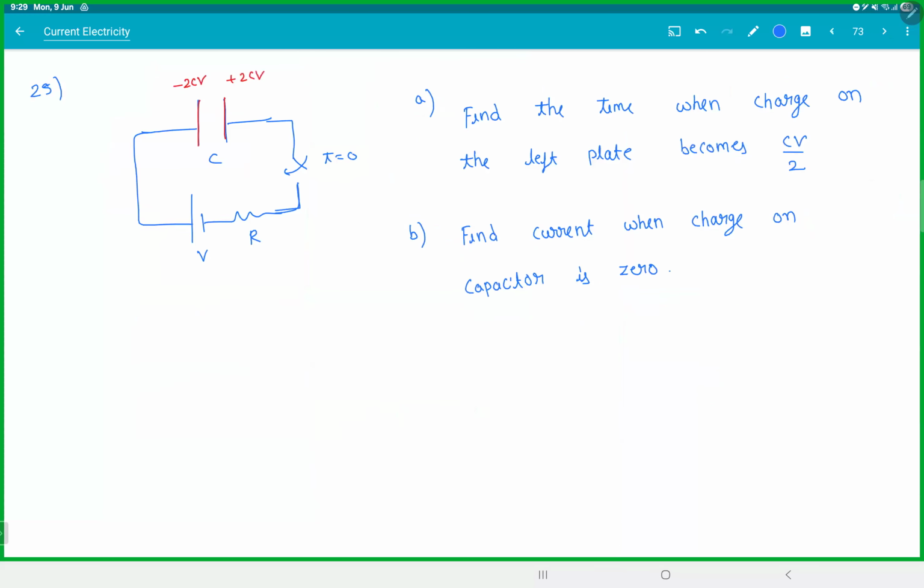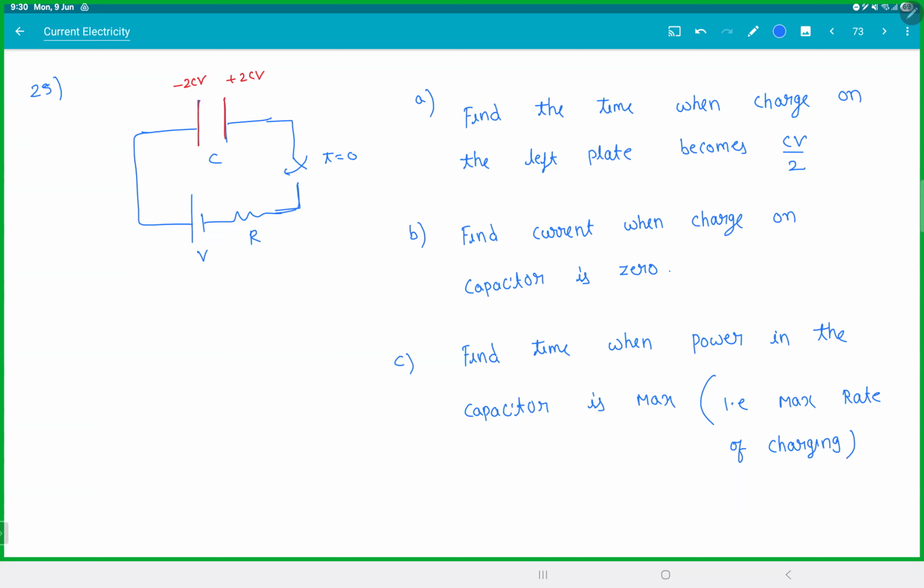I can even ask you one more question. Find the time when power in the capacitor is maximum. That is maximum rate of charging, or discharging, whatever.